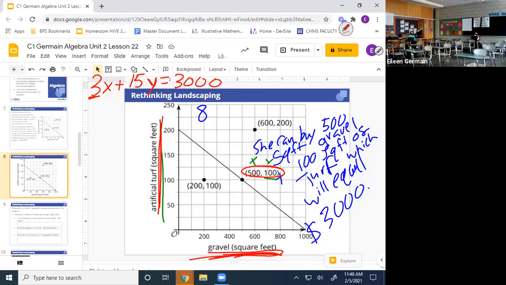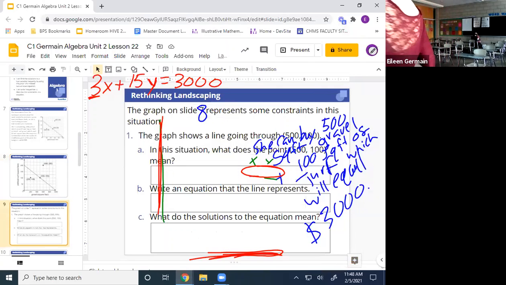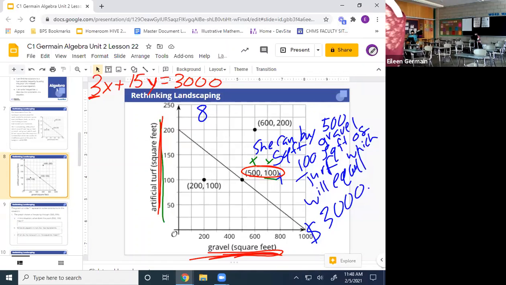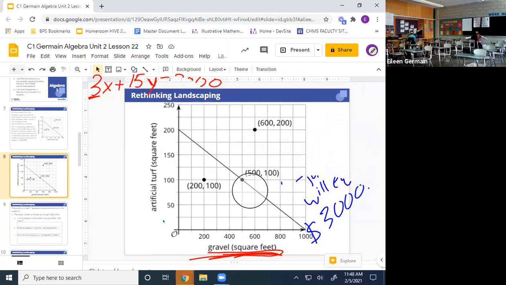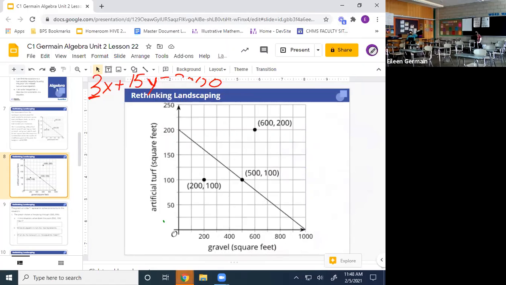Perfect. The last question we had to look at here was, what do the solutions to the equation mean? If we're thinking about it in the context of this story, any solution that falls along this line, let me just erase and put some points on here. I have this solution here, here, here. What do the solutions in general represent?